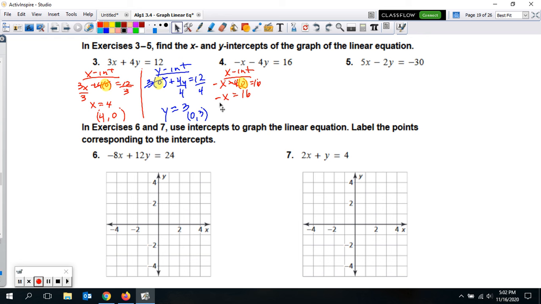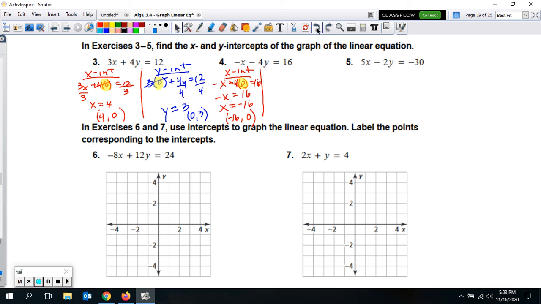Basically, in this situation, you can just change the sign of each side. If you multiply this by negative, it's going to be positive. If you multiply that by negative also to keep it balanced, it's negative. So just x equals negative 16. Negative x equals positive 16, then positive x equals negative 16. And so our ordered pair there is going to be negative 16 comma 0.